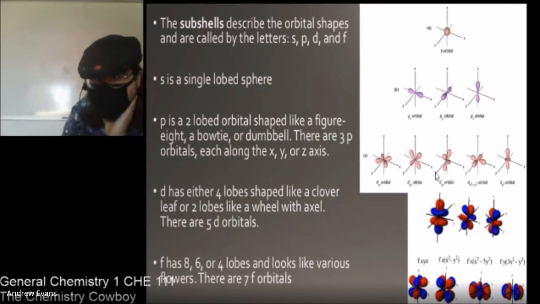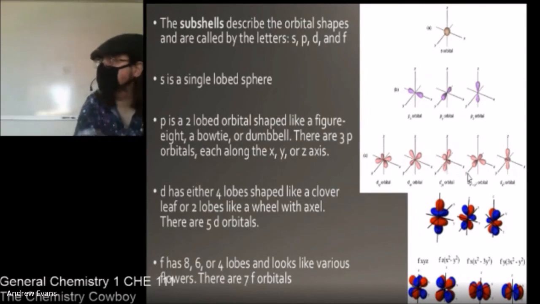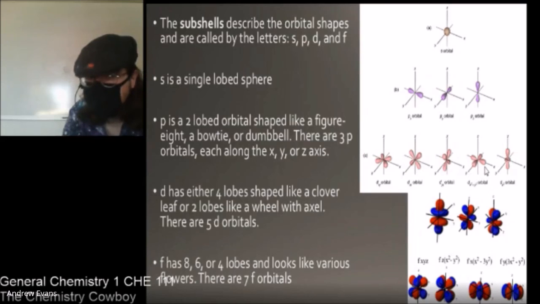These look kind of like clover leaves, and the weird one, the Z squared, is like a wheel with an axle. Each of the 5 can hold 2 electrons, so D in total can hold 10 electrons.